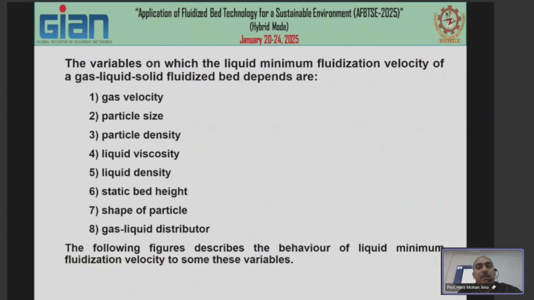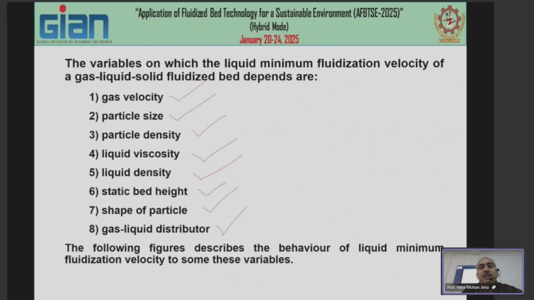The variables on which the liquid minimum fluidization velocity of a gas-liquid-solid fluidized bed depends are gas velocity, this is one operating variable, particle size, particle density, liquid viscosity, liquid density, static bed height, shape of particle, and the gas-liquid distributor.